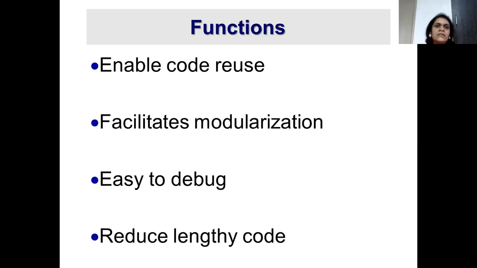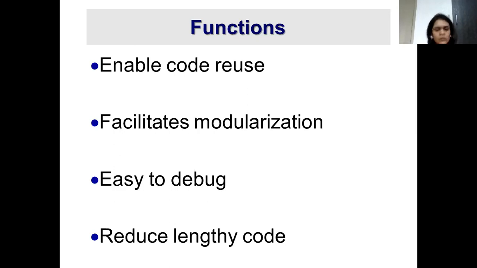Imagine writing the conversion of an integer to binary n number of times to find binary equivalents of n integer numbers. It will be very lengthy. It can be replaced by 10 different function calls to that function, which reduces the length of the code.